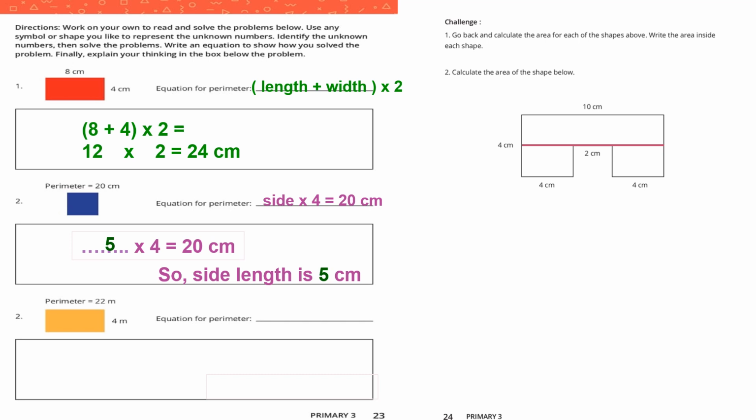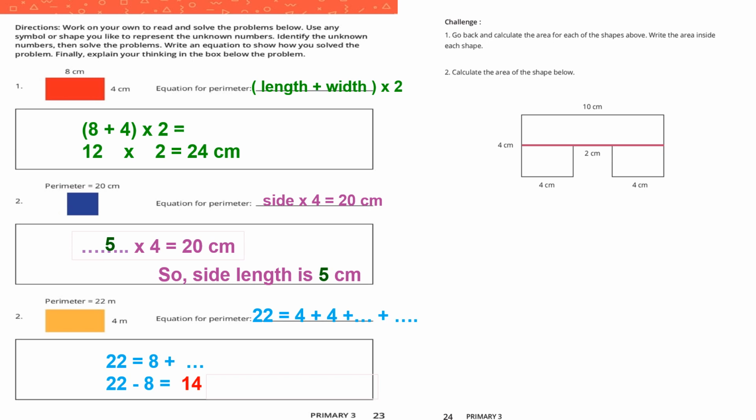So 22 equals the length plus width, which is 4, plus the length again and the width, which is 4. 22 equals 4 plus 4, which are the widths, and I don't know the length here.